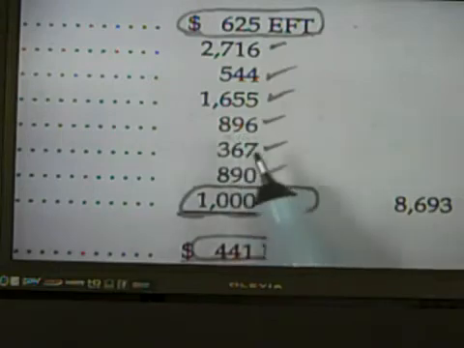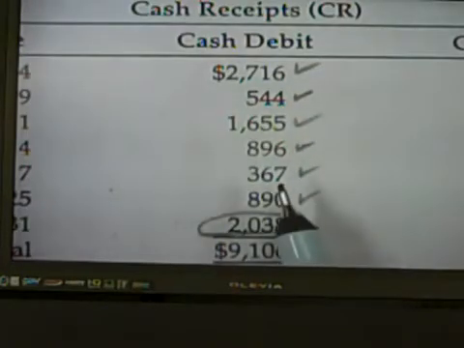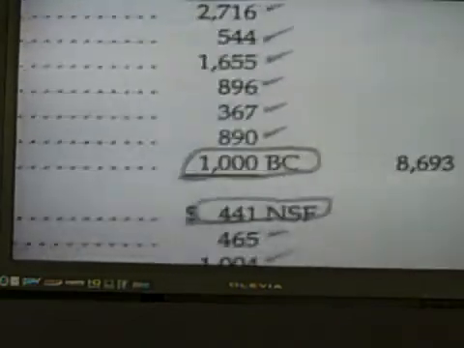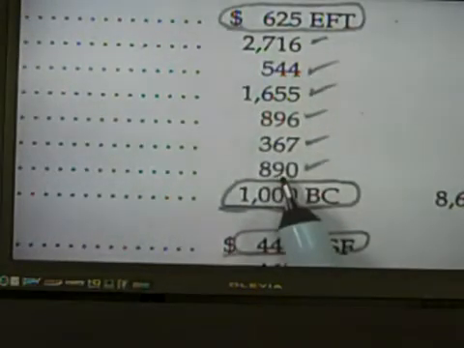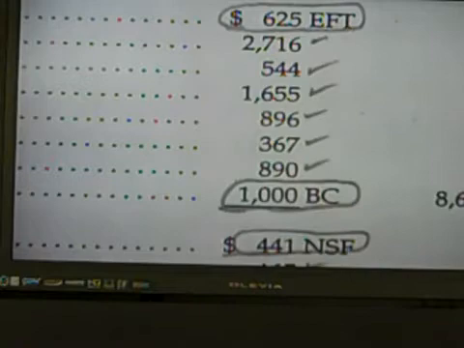Yes, they do. Then the bank statement shows $367. Do we show that as a deposit on our books? Yes, we do. The bank shows that, or we show $890. Does the bank show $890? Yes, it does. So all of those match. So I've checked all of those. All of those are okay. I don't have to do anything with those on my reconciliation statement because all of those are taken care of on both the bank and the books.